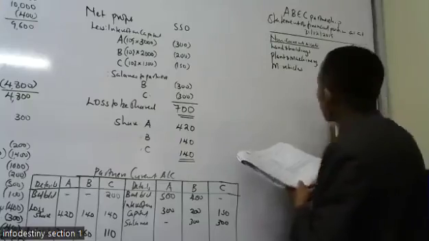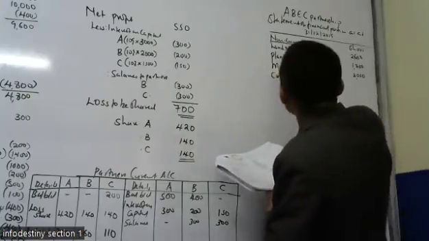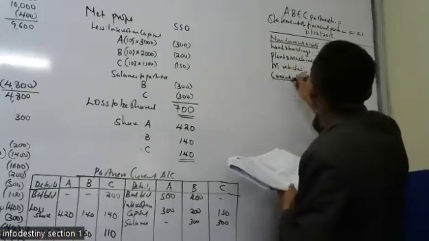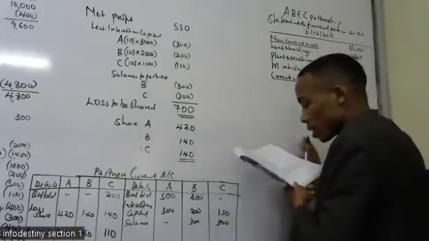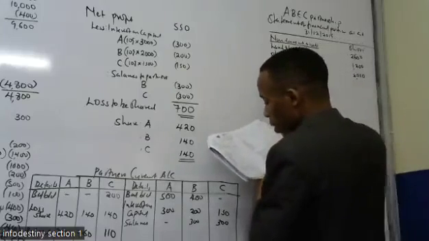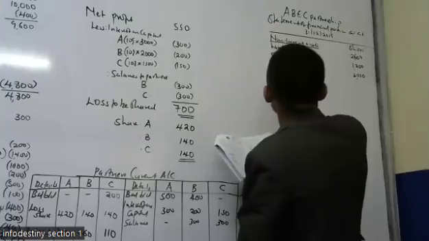Those are the non-current assets. So we key in the current assets. So the current assets, we have the accounts receivable.